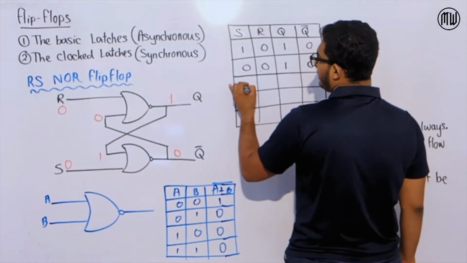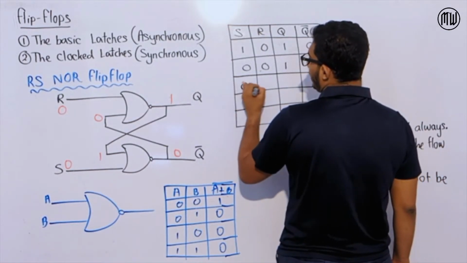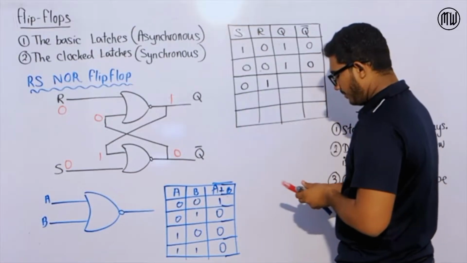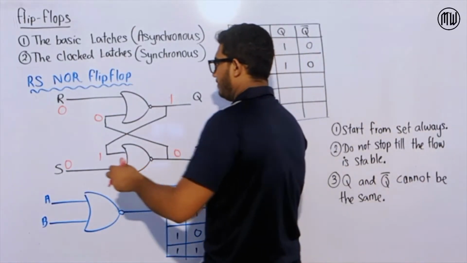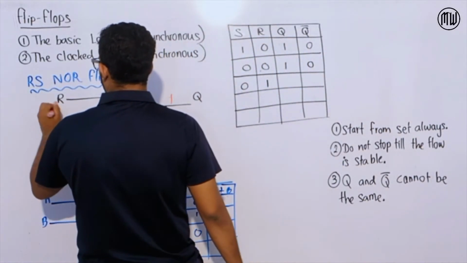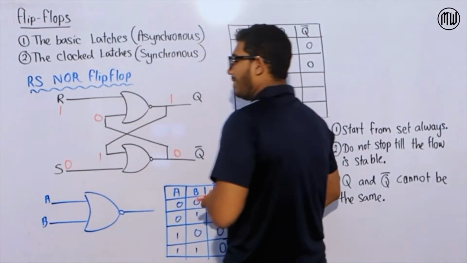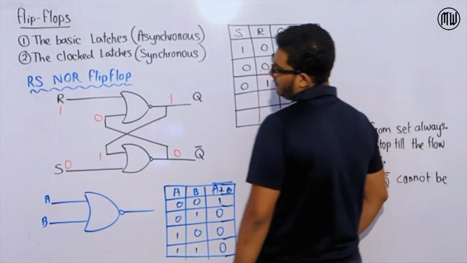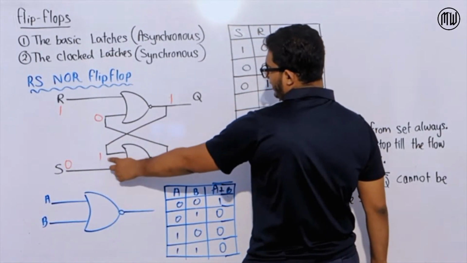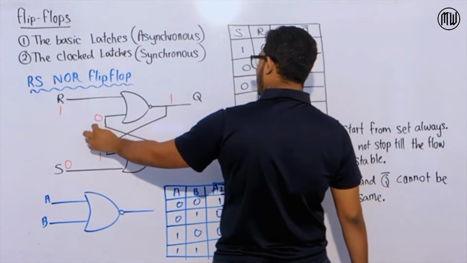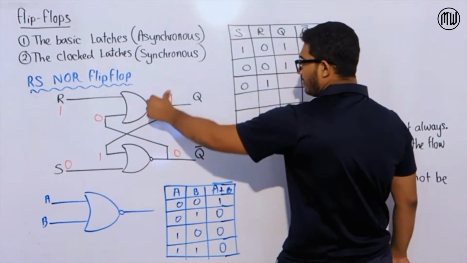Then we have 0 and 1. So R becomes 1 now. If 0 is here and 1 is here, the answer is 0. 0 moves here. 1, 0.